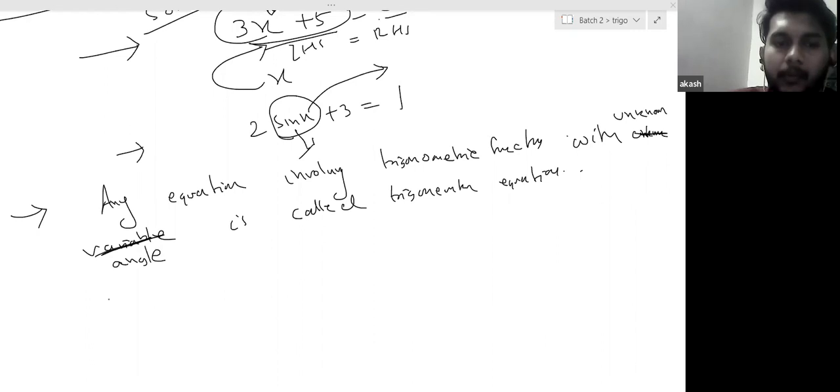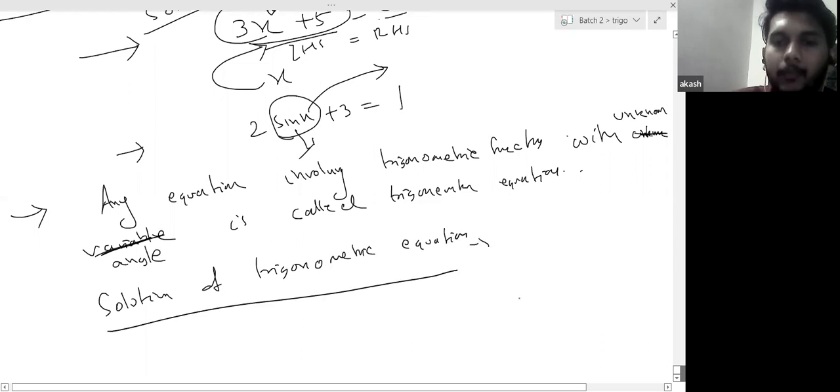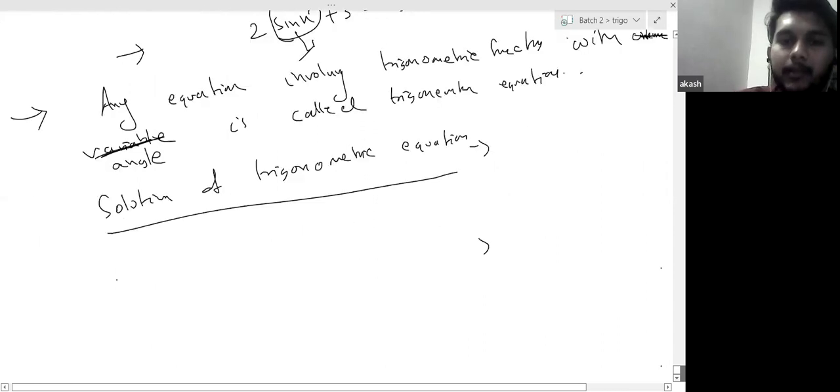All right. So this is trigonometric equations. If someone says find the solution of a trigonometric equation, so what would this mean? The value of angles, right?